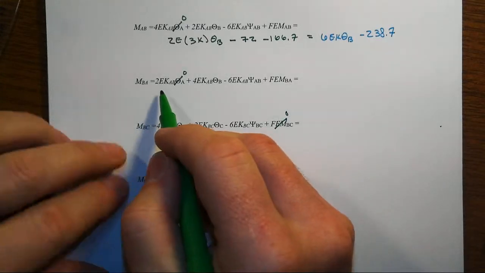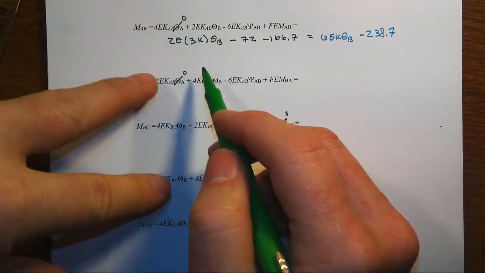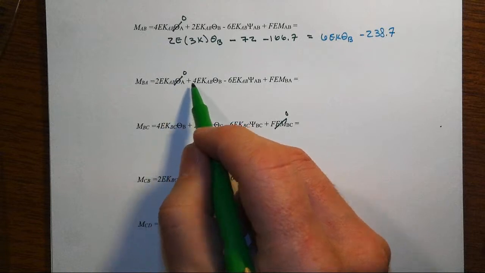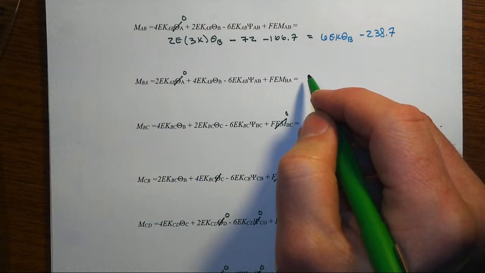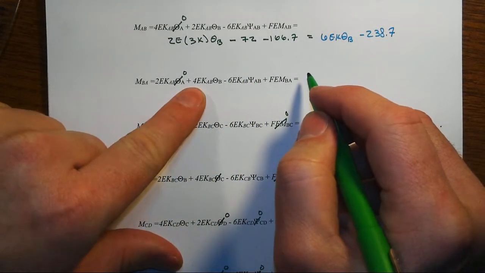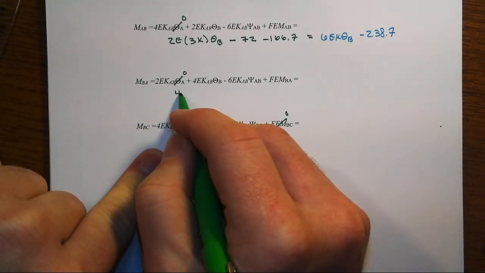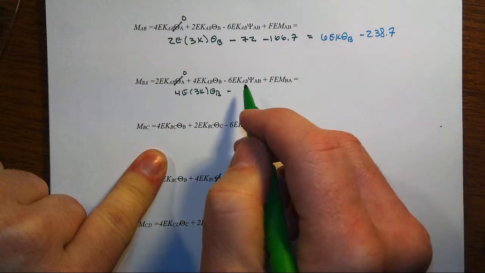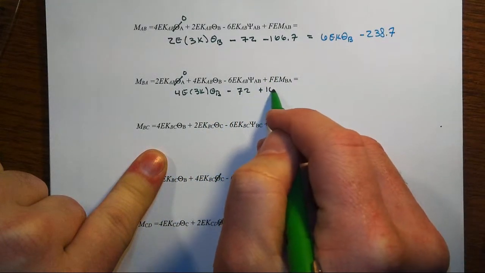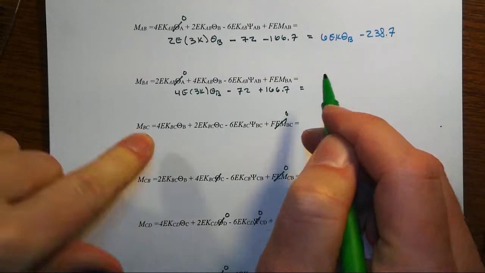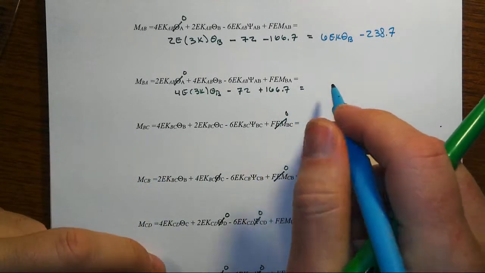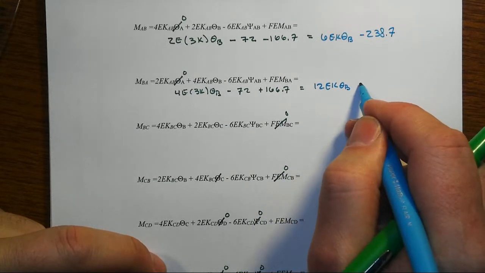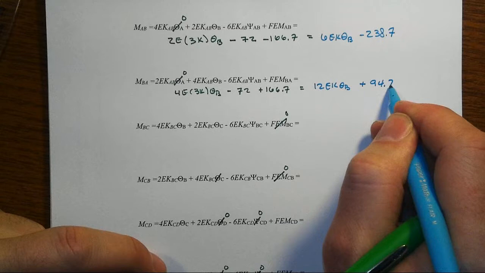Do the same thing for MBA. Notice the 2's and the 4's flip-flop, theta A term, and I encourage you again to keep writing these in this order. Then this pattern of things is really pretty easy to work with. So once again we'll have 4E times 3k times theta B. We'll have a minus 72 and then a plus 166.7, and that will work out to 12EK theta B, and then the net we get here is 94.7.